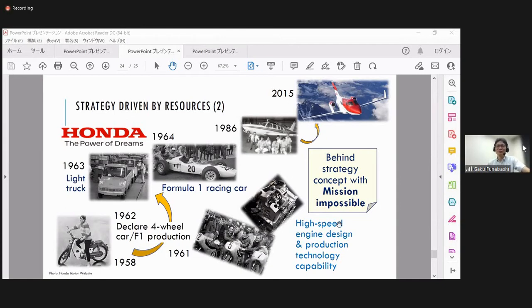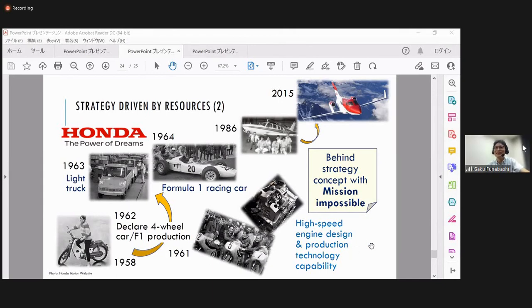Usually it's impossible, but it was possible for Honda. Why? Because they already accumulated technology, skills good enough for winning in the motorcycle racing. So that is why they were sure they can also produce Formula One racing car engine. Again, behind this transformation strategy, which seems like mission impossible, it was not mission impossible for the people inside Honda. They considered it's possible.